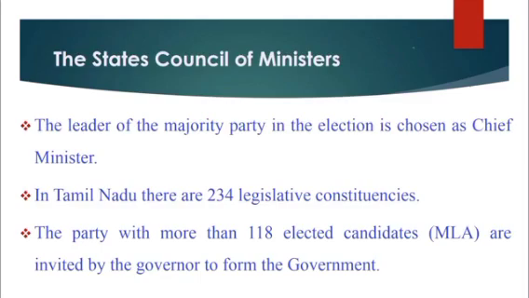The leader of the majority party in the election is chosen as Chief Minister. In Tamil Nadu, there are 234 legislative constituencies. The party with more than 118 elected candidates, which means MLAs, is invited by the governor to form the government.